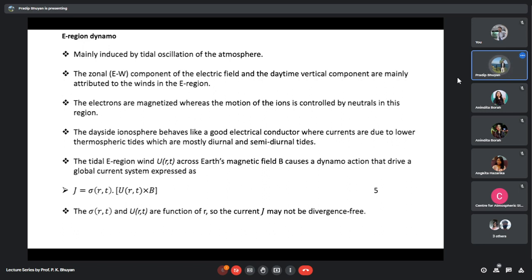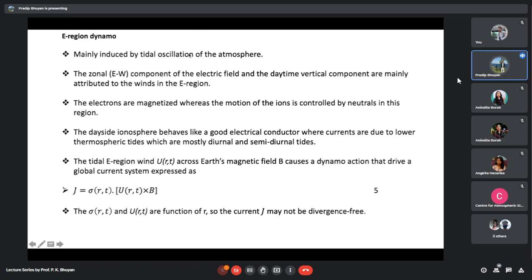Similarly, during the low tide, when you have the new moon, the influence of the moon is minimum, and as a result the tide will also be minimum, the oscillations minimum. So you have a tidal oscillation with a 15 day time period.